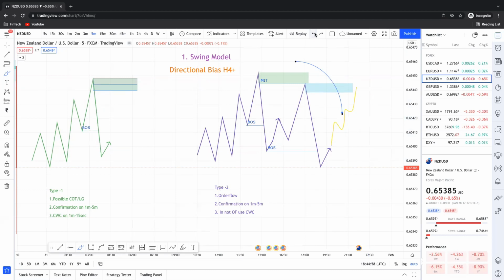Now here, one more type. Okay, here one more type. Right. So if there is no mitigation, let's say like this.